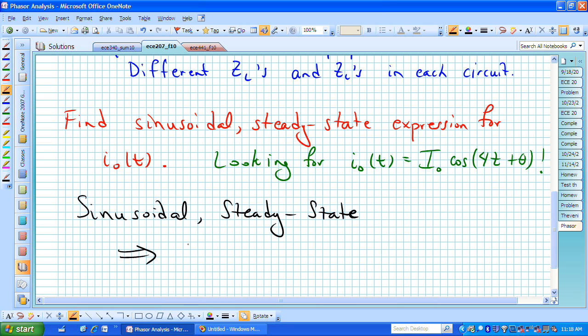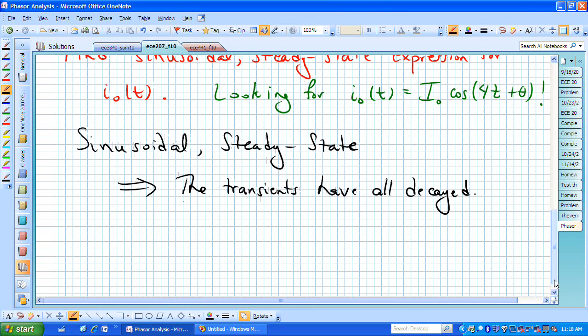And if we're in sinusoidal steady state, the transients have all decayed or gone away, and we only have sinusoidal signals left for all of our currents and voltages.